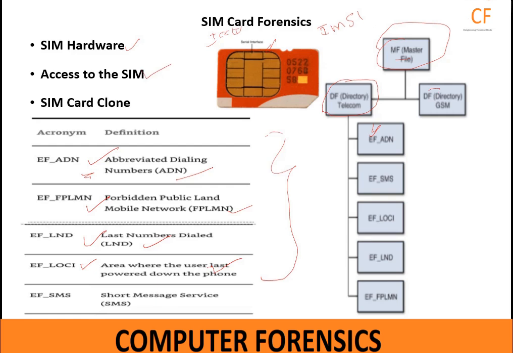Access to the SIM. Gaining access to the data on a SIM is challenging if the SIM card has been PIN protected. A PIN on a SIM is usually 4 digits long but can be up to 8 digits. The investigator has 3 attempts to get the PIN correct before the SIM is locked.